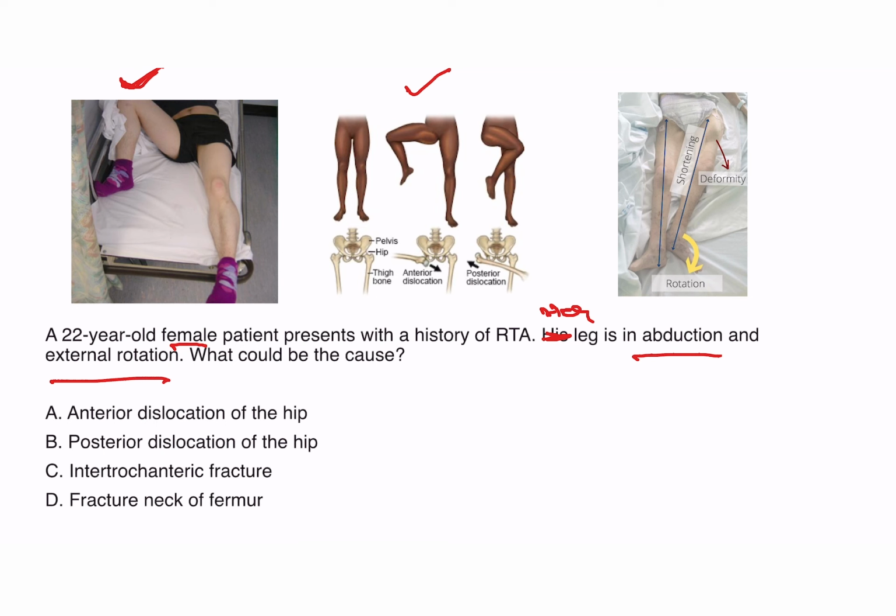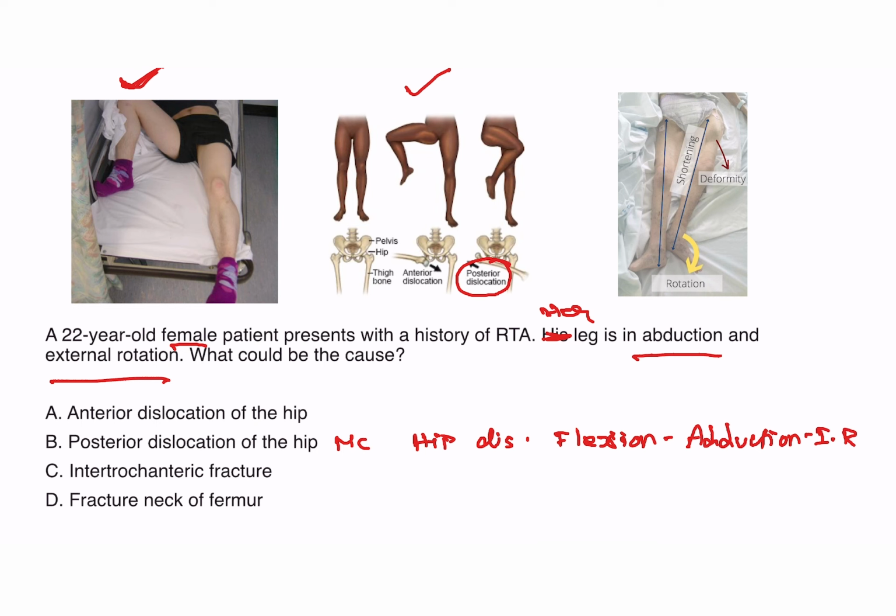See, whenever there is a posterior dislocation, which is the most common type of hip dislocation, the patient would present with flexion, adduction, and internal rotation, right? Because that's the exact mechanism by which the posterior dislocation happened: flexion, adduction, and internal rotation.